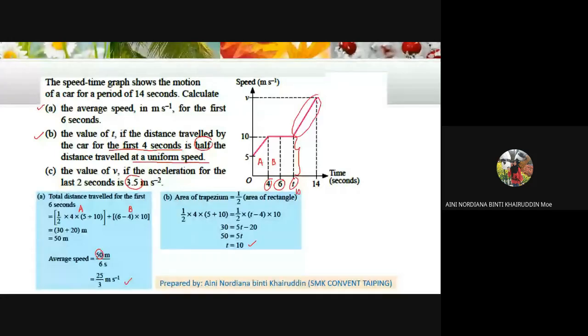So given that acceleration 3.5 meter per second square, then calculate the gradient for this, v minus 10 over 14 minus 10, is the value of t that you just now. That's the value of v.